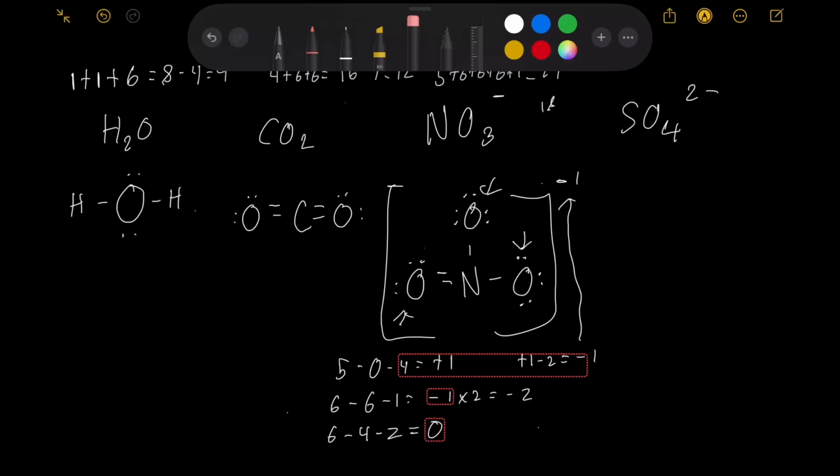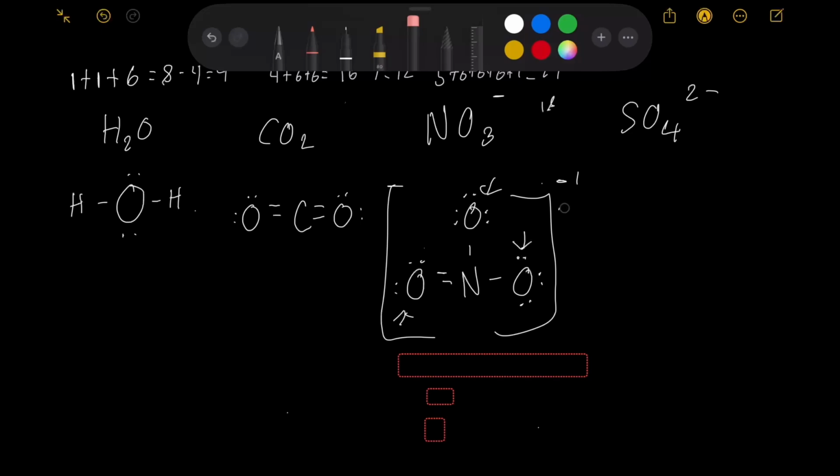Now, one thing that you may have noticed is I just chose that oxygen out of nowhere. Why didn't I choose the one on the right? Why didn't I choose the one on the left? Well, you can. This isn't the only configuration of it.